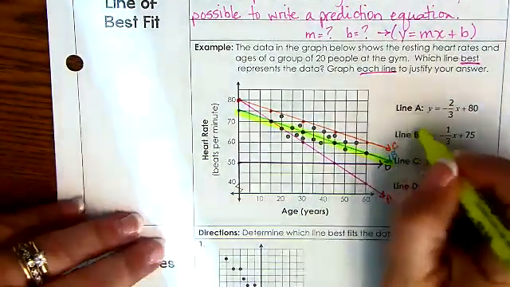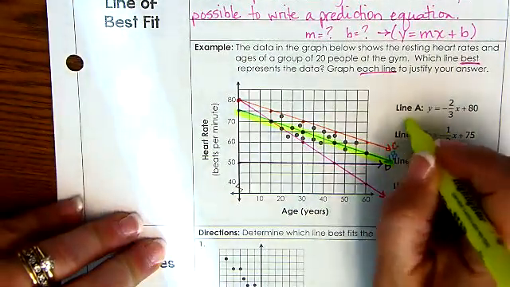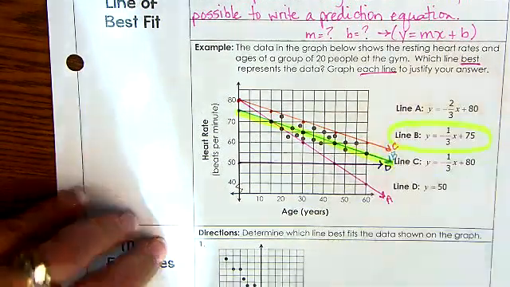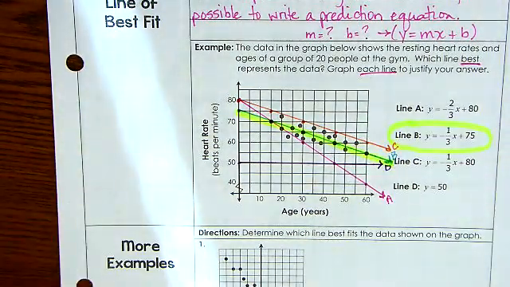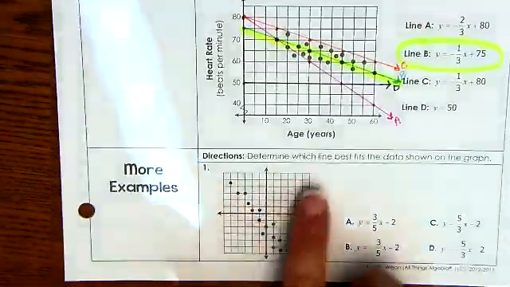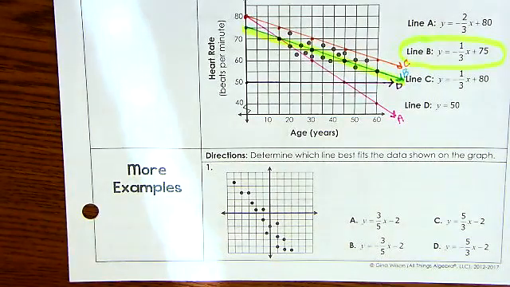So therefore, the answer is line B. So that's what you do when it's saying determine which line best fits the data shown on the graph. You graph all of them and see which one matches the best.